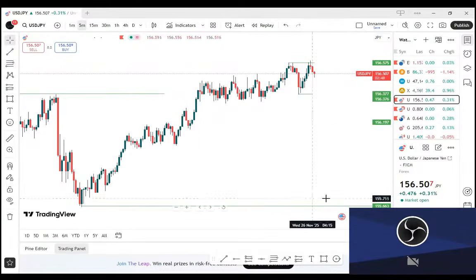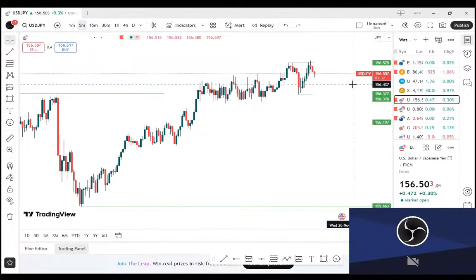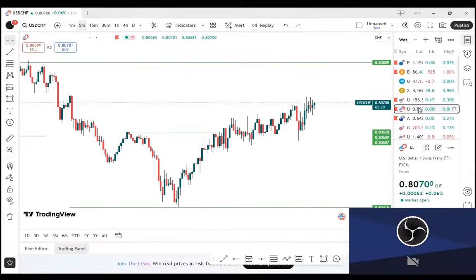So I'm getting all the way to this low, which is at 155.663, and the highest level price got to was 156.575. That's the highest level there on the USDJPY.